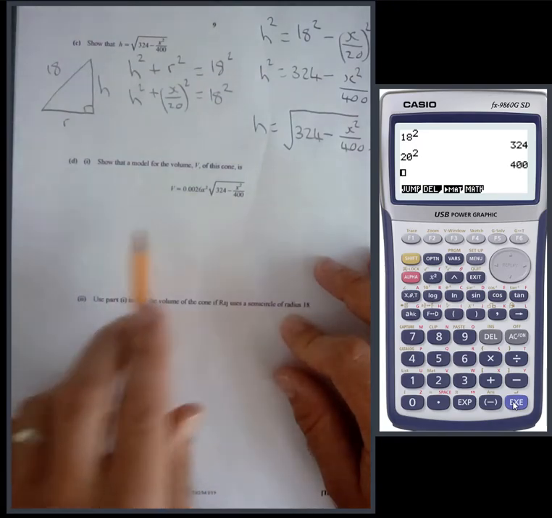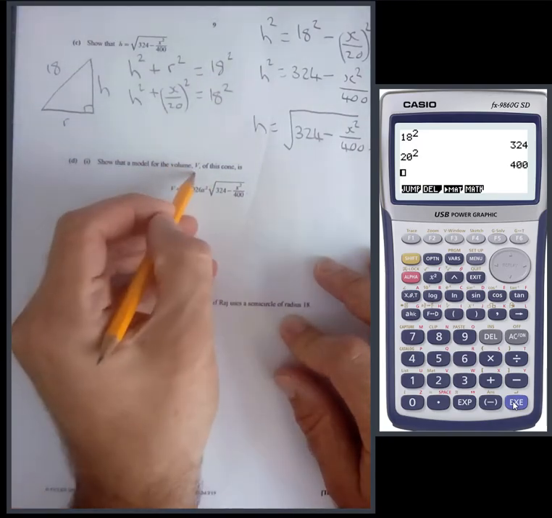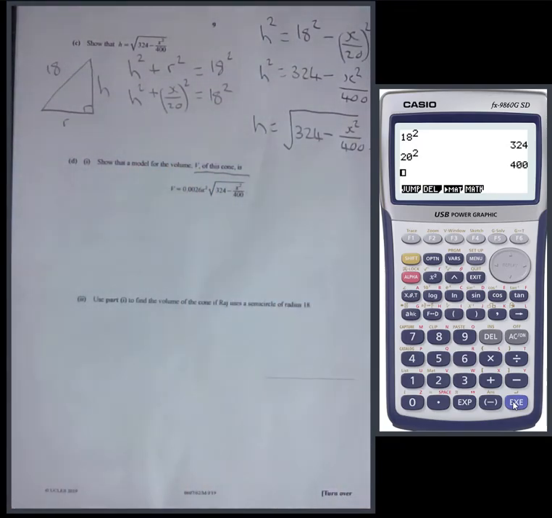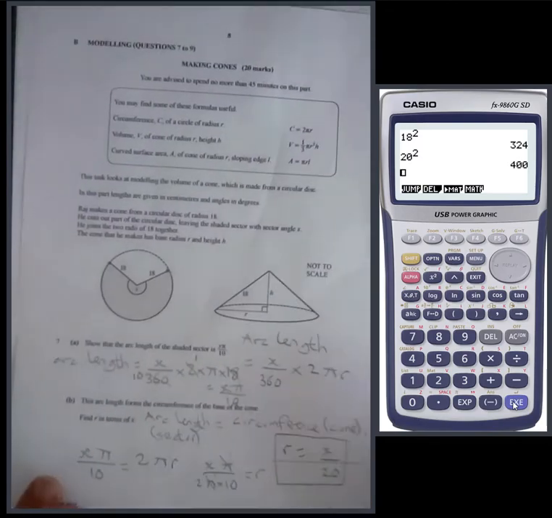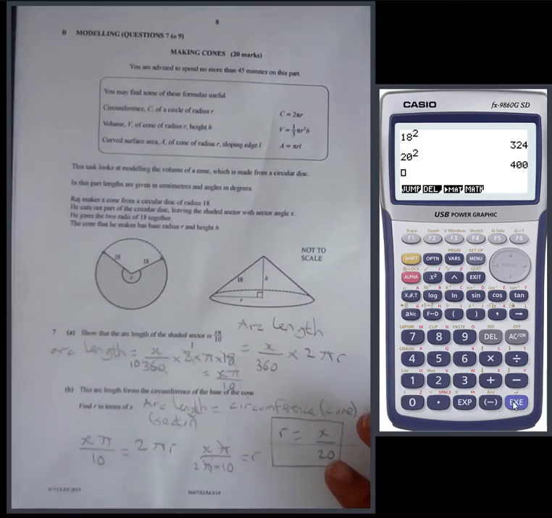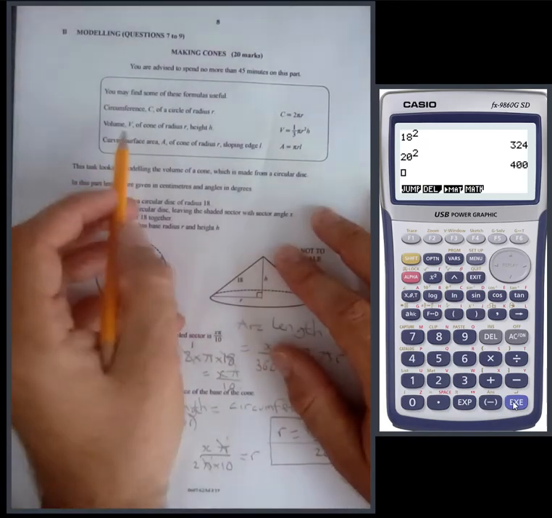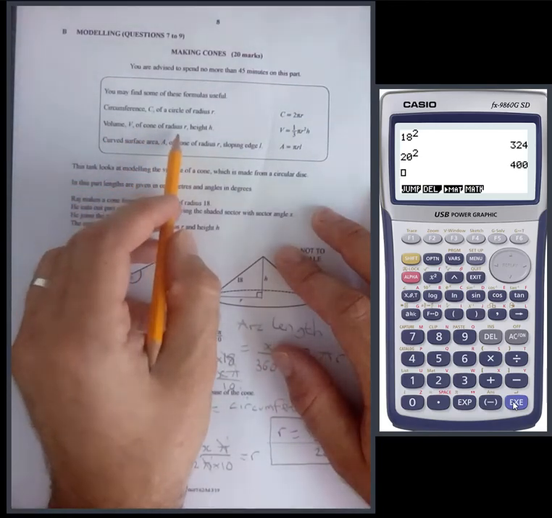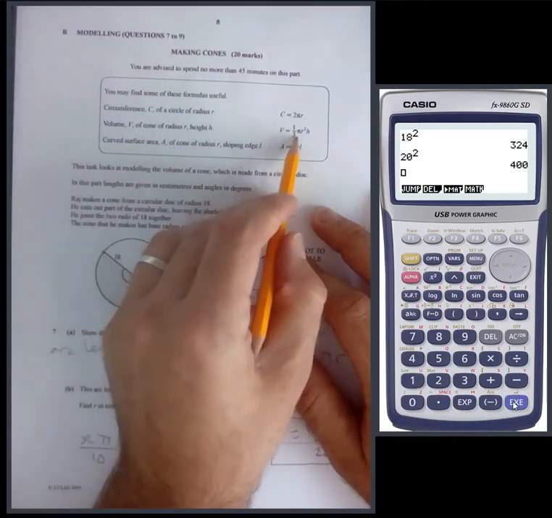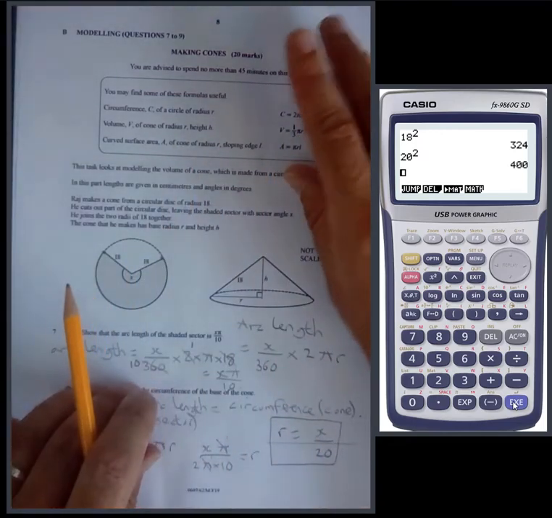So we need to find an expression for the volume of a cone. If we go back to our first page, you should remember it anyway, but it is given to you. Volume of a cone of radius r, height h, so V equals 1/3 pi r squared h. So let's write that down.